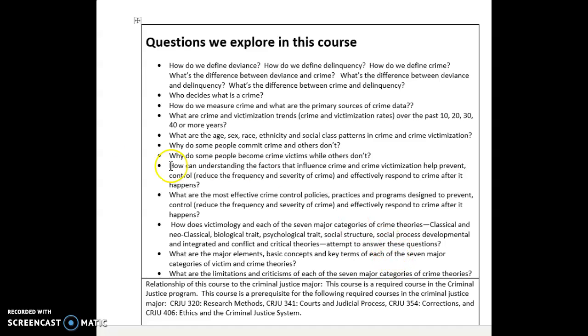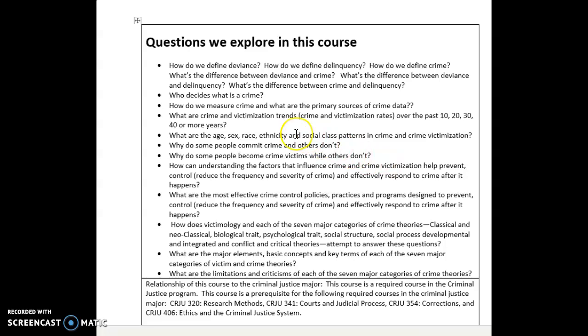Among the things we'll look at is what's the difference between deviance and crime, delinquency and crime, how do we measure crime, and what are the primary sources of crime information.